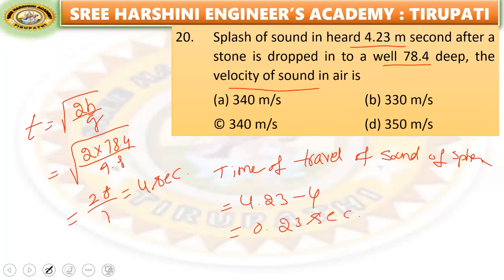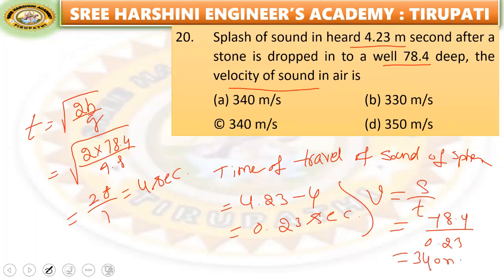Now we calculate the velocity of sound. Velocity equals distance by time, 78.4 divided by 0.23. So it becomes 340 meter per second. Option C is the right answer.